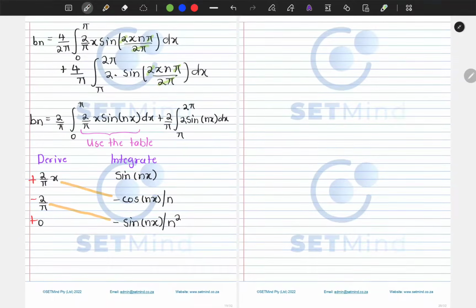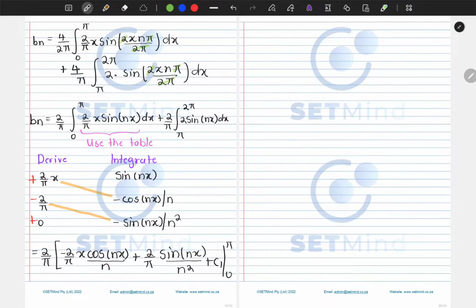So the first part of the integral will be 2 over pi multiplied by negative x cos of nx divided by n, and then the second part will be a plus, so 2 over pi multiplied by sine of nx divided by n squared, evaluated between 0 and pi.